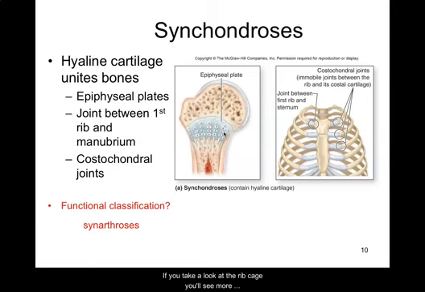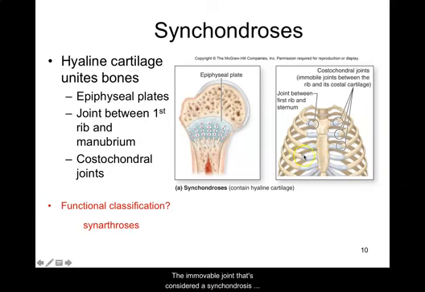If you take a look at the rib cage, you'll see more examples of synchondrosis joints. Your rib cage is kind of interesting because it does move. These ribs are all going to elevate. They all raise up every time we inhale, and then they all settle back down. They depress every time we exhale. The movable joint that's responsible for the elevation and depression of every single rib is the joint located adjacent to the sternum.